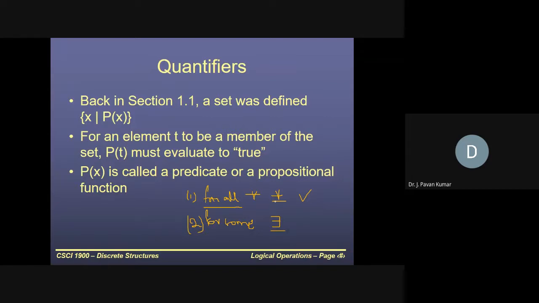For the there exists quantifier, the truth value holds only for some specified values. Understand the difference? When we use for all, and when we use there exists.